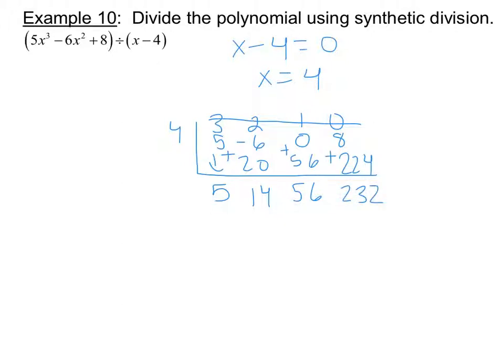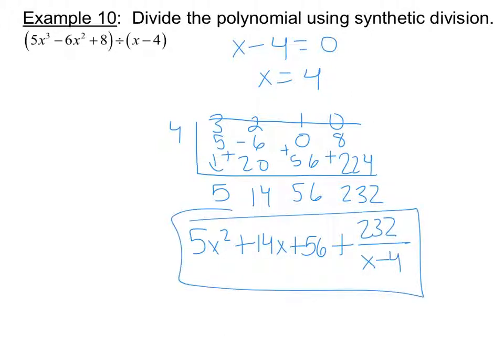So again, see how it's a third degree to start with? That means this is going to be squared, or second degree. So you have 5x squared plus 14x plus 56. Now this is the remainder, so you go plus 232 divided by x minus 4. Okay, let's take a look at another.